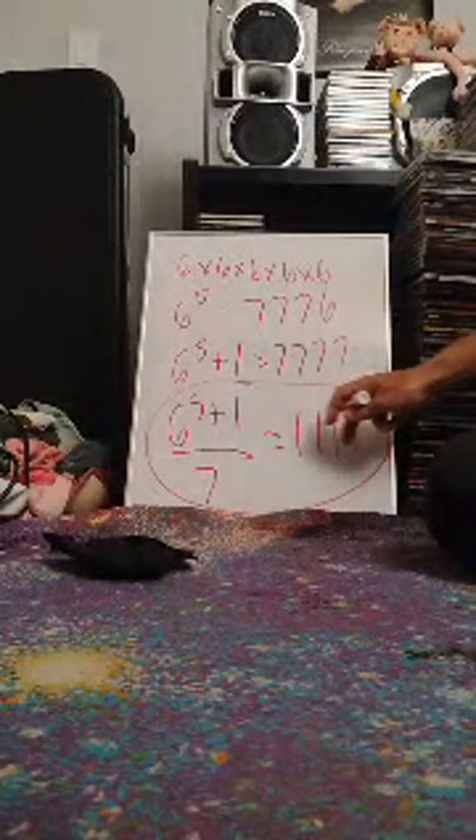I thought that's interesting. Why don't I say 6 to the 5th power plus 1 equals 7777? Then I thought, why don't I say 6 to the 5th power plus 1 divided by 7 equals 1111? This is Wiseman's identity. 6 to the 5th power plus 1 divided by 7 equals 1, 1, 1, 1, 1.